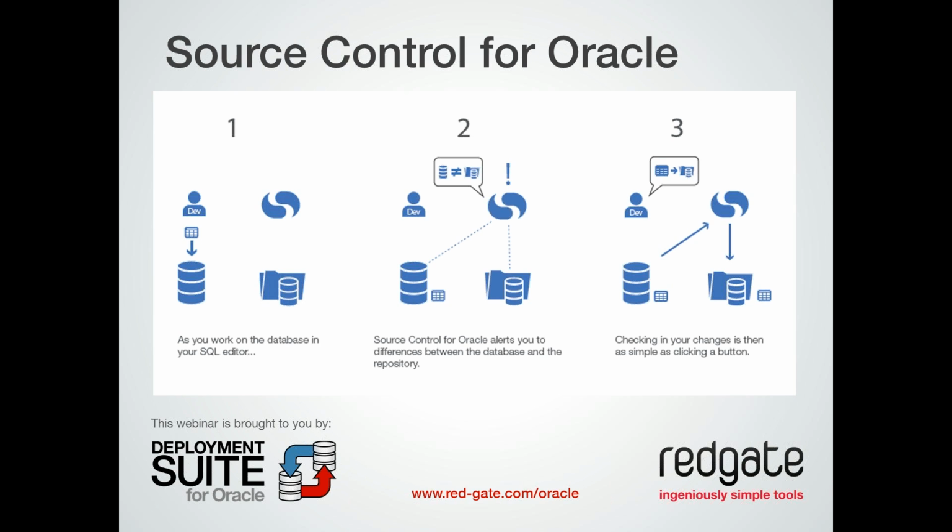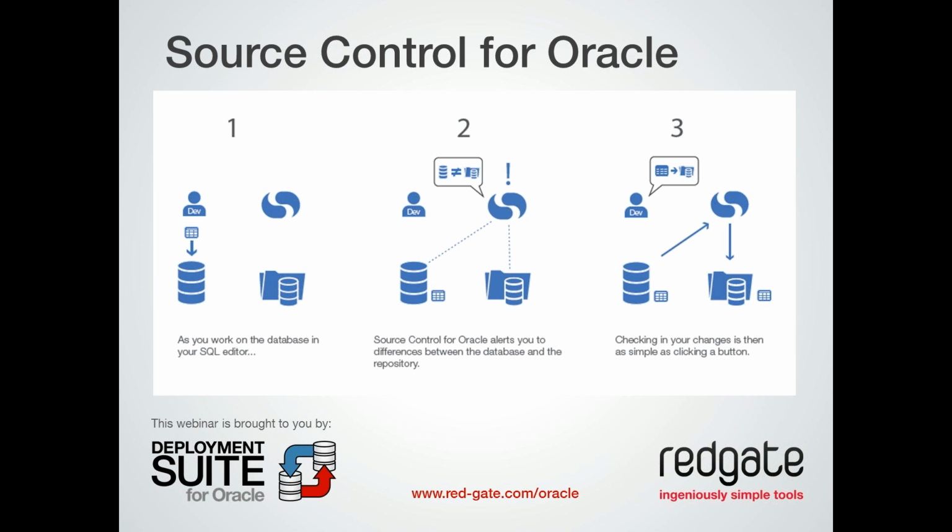So that's one side of it, but for those of you that are working with source control at the moment, you've probably got some way then of actually converting these schema objects into SQL files, into flat files, so that you can put them in source control. I'm guessing also that may be a bit of a difficult process.